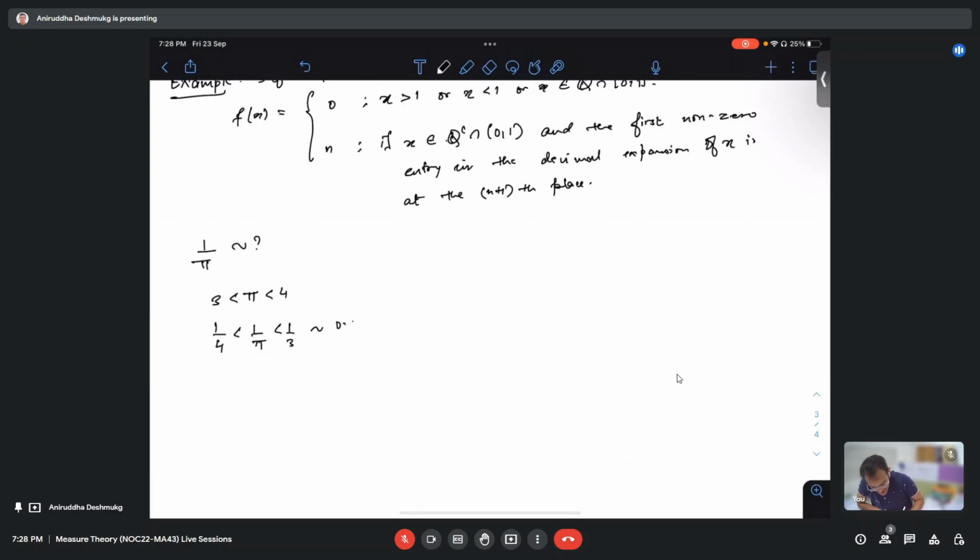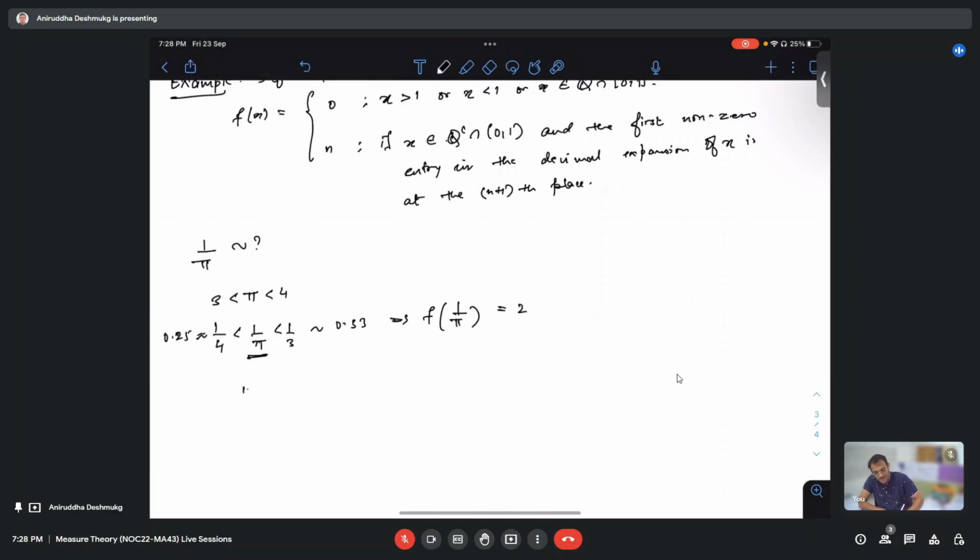And this is 0.33, this is 0.25. Since it is in between these two, the first non-zero entry in the decimal expansion of 1 by pi must be at the first place, which means f of 1 by pi is equal to 2.